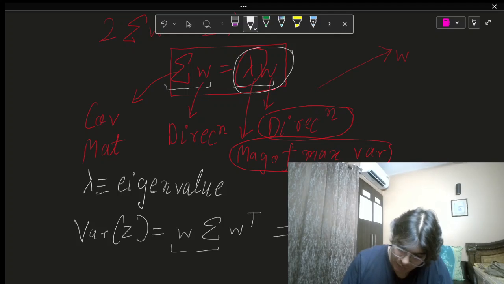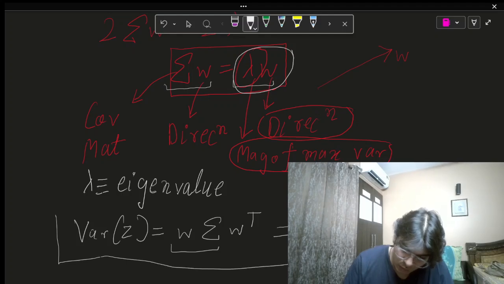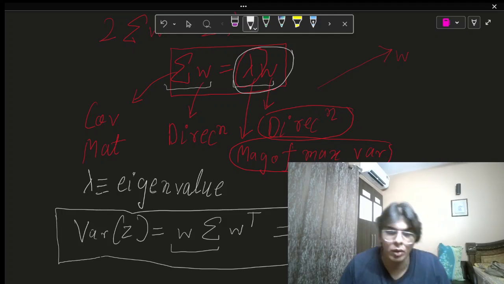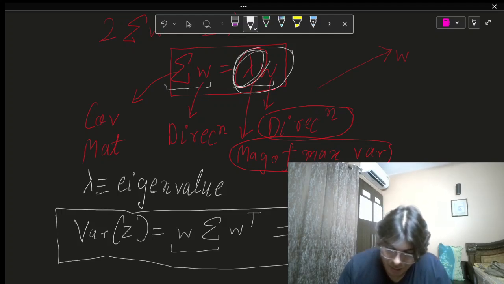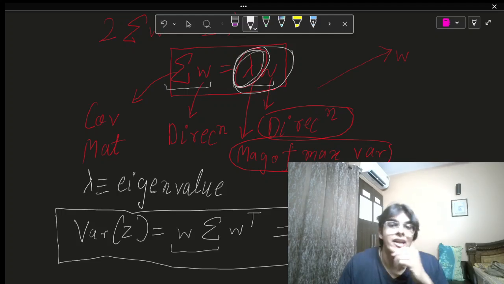Now w multiplied by w transpose is 1, a basic linear algebra result. So the value of the variance of z comes out to be nothing but lambda. This proves the hypothesis that lambda is nothing but the magnitude of variance. Simple as that.